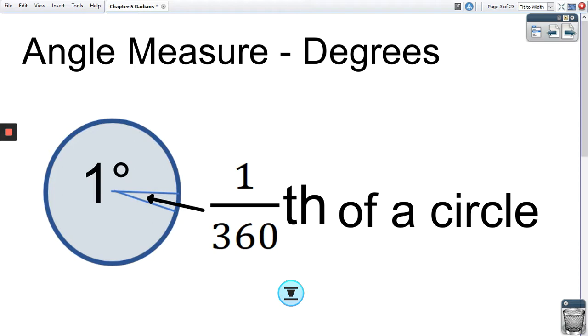So that doesn't follow. Another reason we have 360 could be because 360 divides easily. There are so many different factors of 360. 360 is 6 lots of 60, and 60 has lots of factors, so there's a nice roundness to 360.